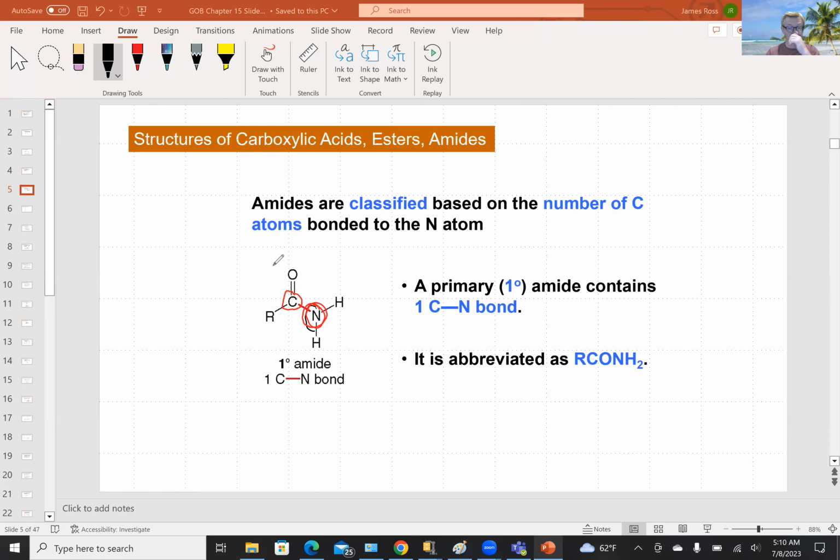That's one way to look at it. Another way is that I have two hydrogens on my nitrogen. So that would be a primary amide. As you can see, I can now replace each hydrogen on the right with another carbon to make secondary and tertiary amides.